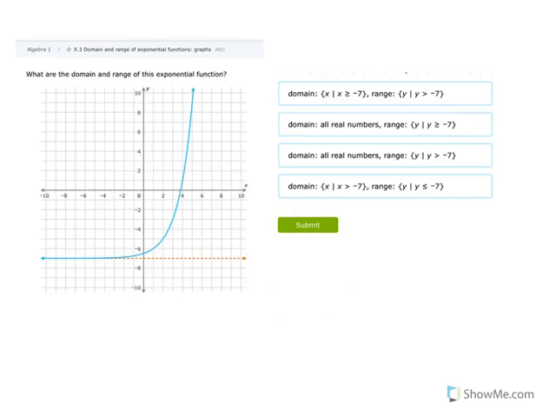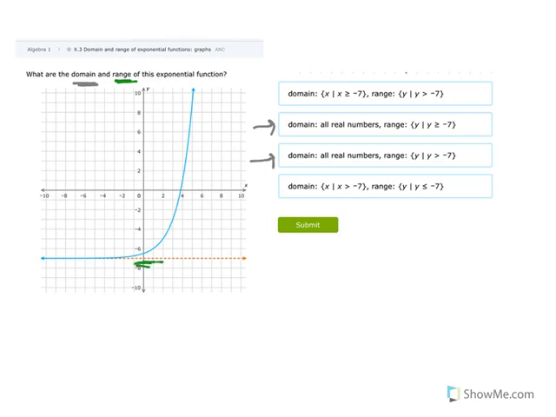And this one they want both. They want the domain and they want the range. The domain, we know that's going to be all reals, so we need to find the options where the domain says all real numbers. That could be this one. And then we just need to look at the range. If we look at the y values, the graph is approaching this dotted line at -7.